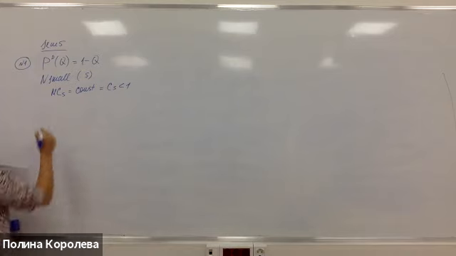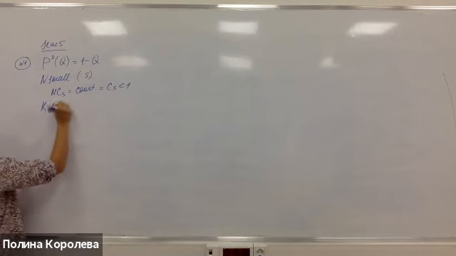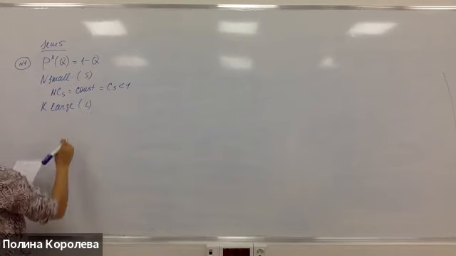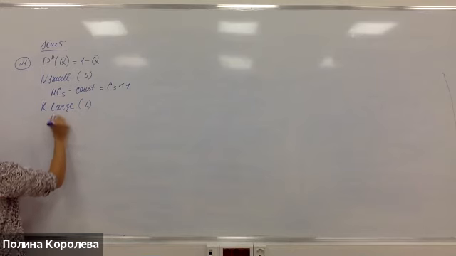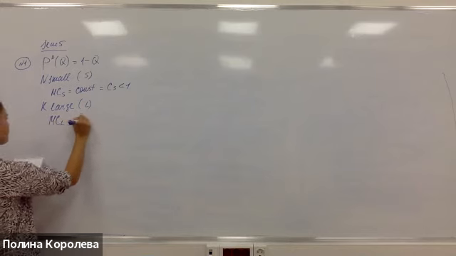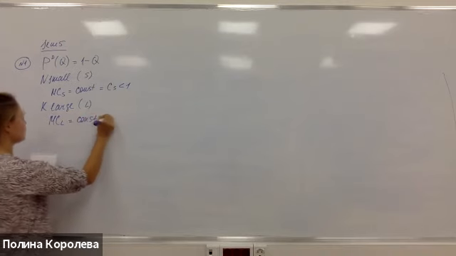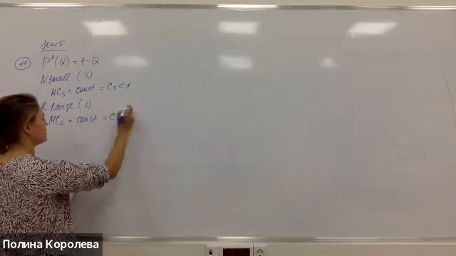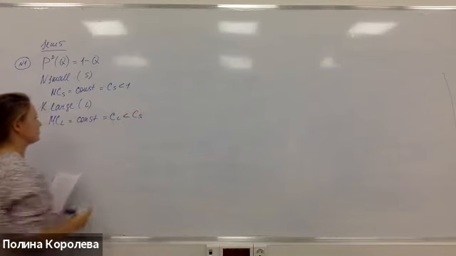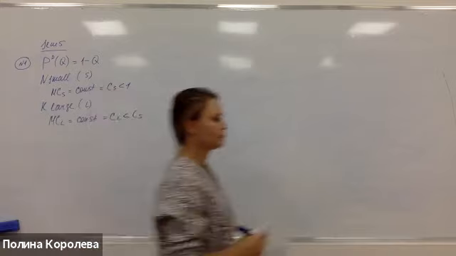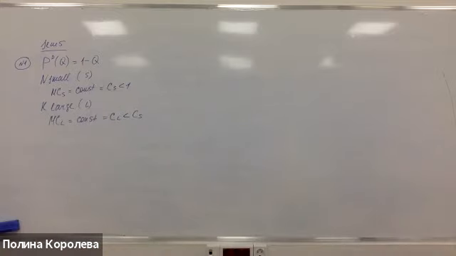Then we have K large firms, indexed L, and the marginal cost for each large firm is constant and equal to c_L, which is less than c_S. So it is cheaper for large firms to produce. Yes? What is next?